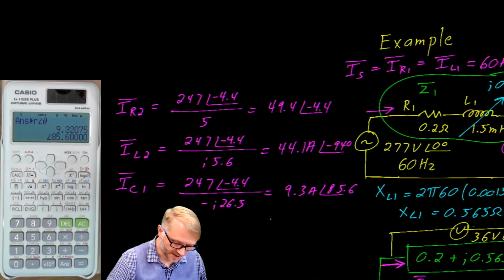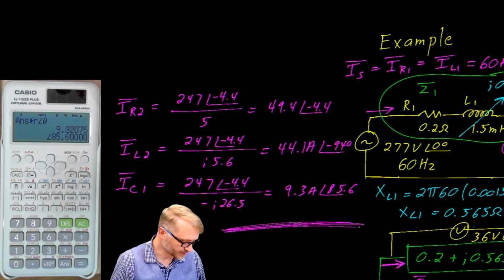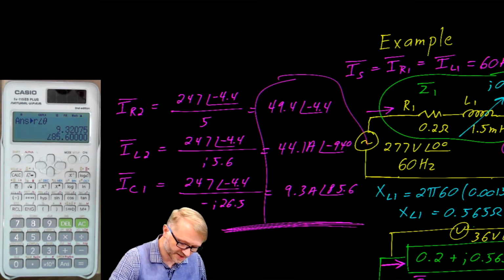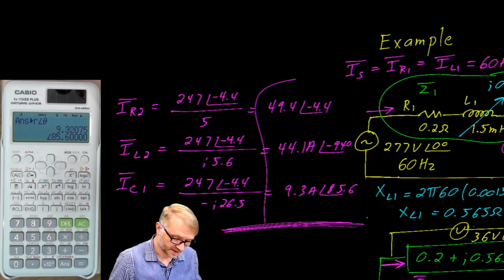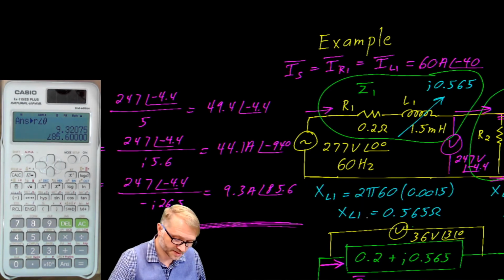And just to make sure that we haven't done something silly, let's add all of these up. And that better equal 60 amps at a negative 40 degrees.